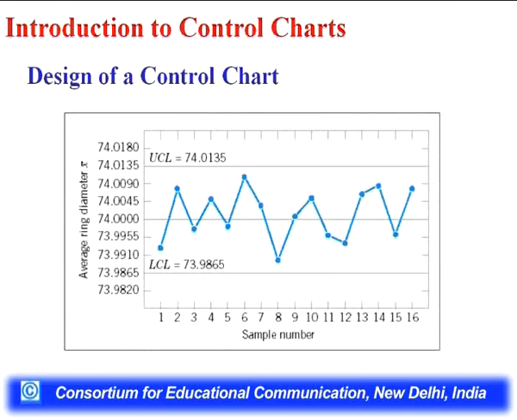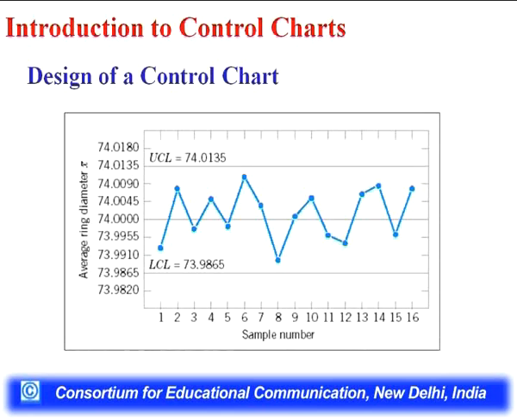Designing of a control chart. Now, on this graph, we mark the center line at 74, the upper control limit at 74.0135 and the lower control limit at 73.9865. So we have all the 3 lines and we will start taking samples from the running process.